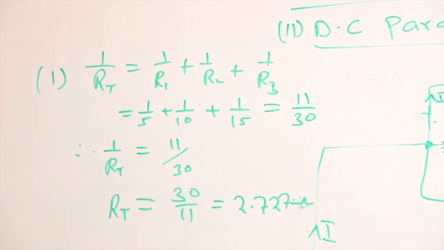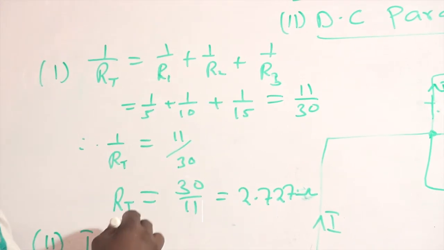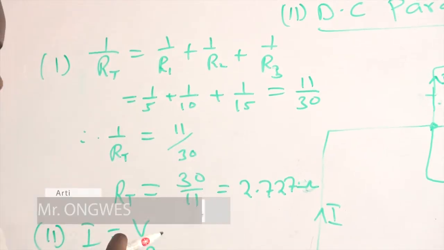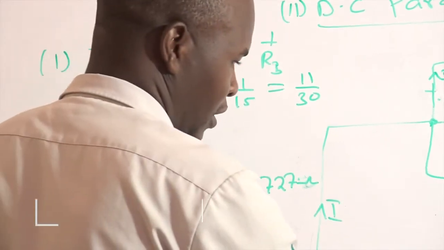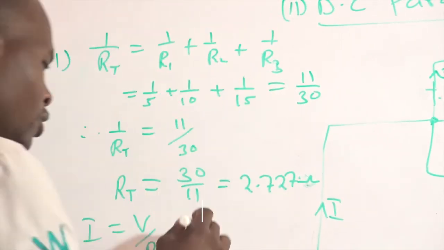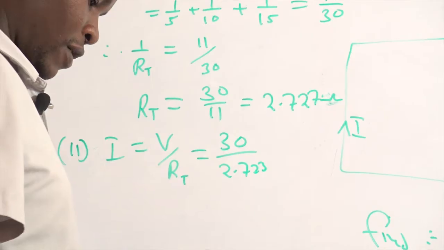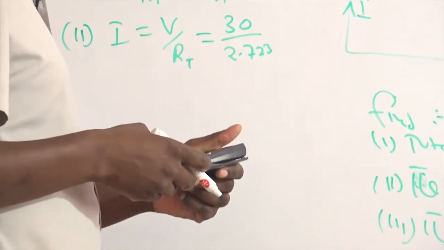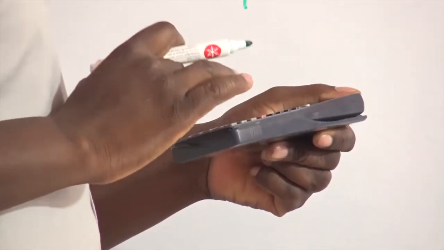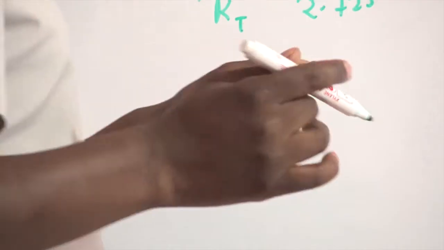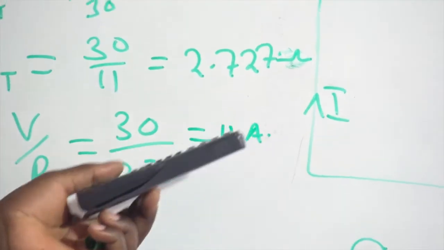Number 2, the current I from the source. From Ohm's law, current is given by V over R. But now the R we have is R total according to our circuit. So if V was given to be 30 volts, it will be 30 divided by 2.727, and we have 11 amperes.